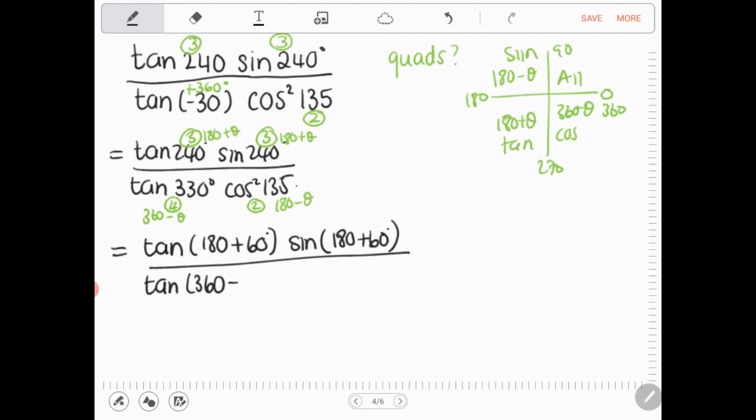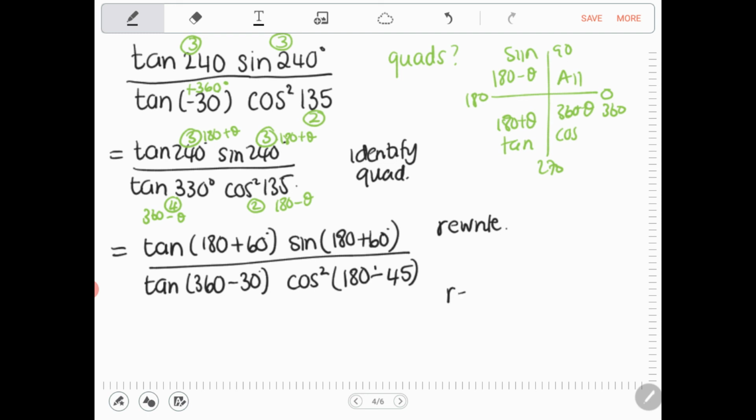So 360 minus 30 would give me 330. And this would be cos squared 180 minus 45. Okay, so I've rewritten those, and here I've identified the quadrant.